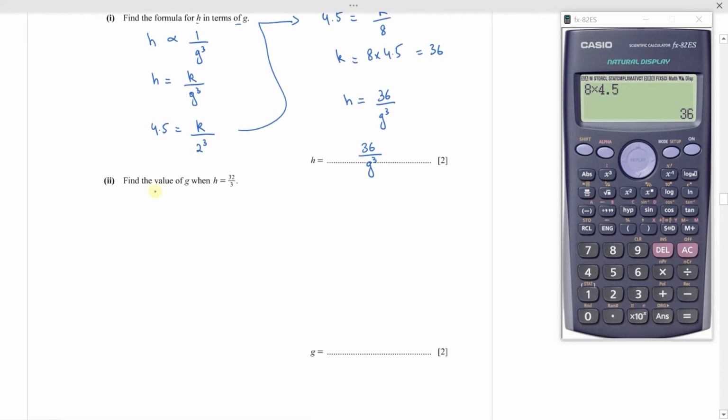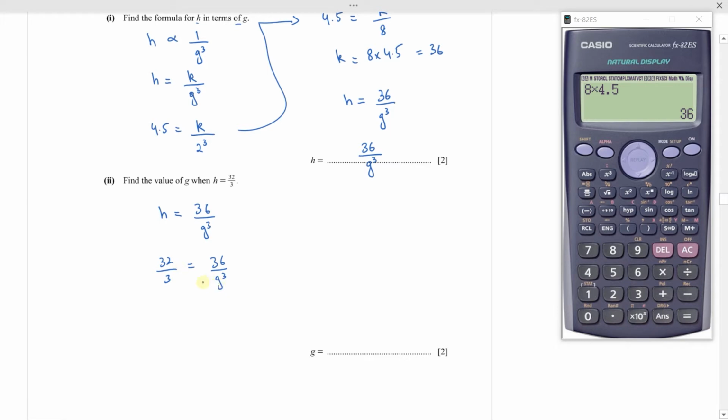The next part is find the value of g when h equals 32 over 3. So now you know the formula is h equals 36 over g cube. Now you have to find the value of g when h is 32 over 3. So let's substitute 32 over 3 in place of h in h equals 36 over g cube.